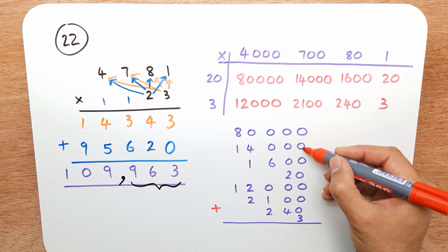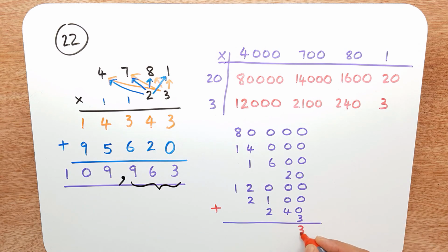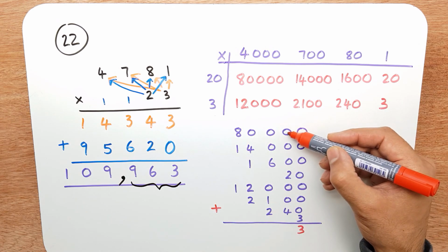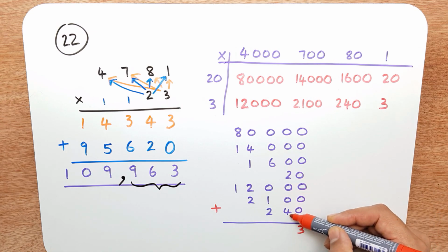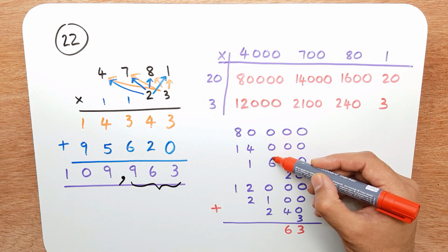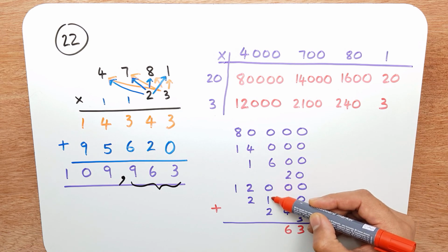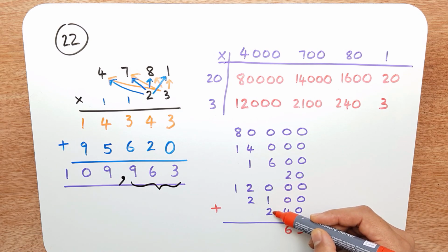So if we go down this first column, it's 3. We go down the second column, 2 add 4, which is 6. Let's go down the third column, 6 add 1 is 7, add 2 is 9.